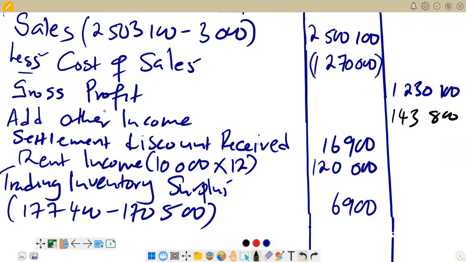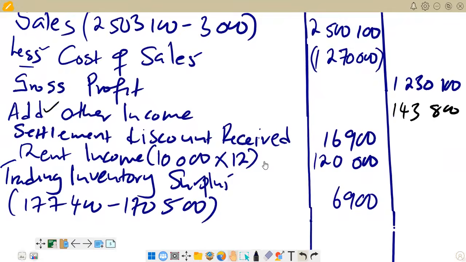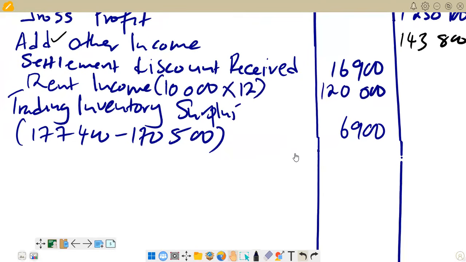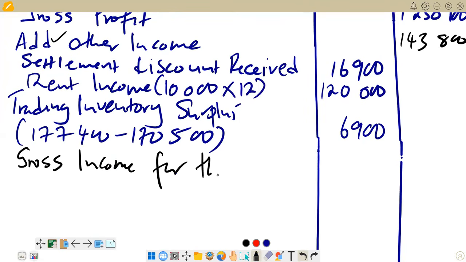143,800. Since you are saying add here, it means you are supposed to add this figure to this one. So you add this one plus this one, then the answer that you get there is now the gross income for the year. So here the description now is gross income for the year.